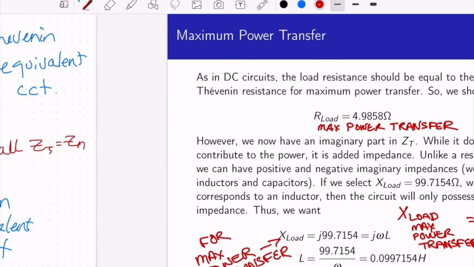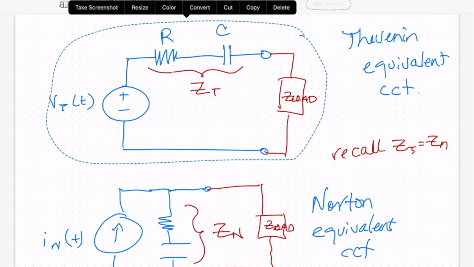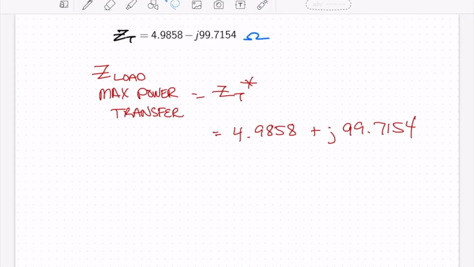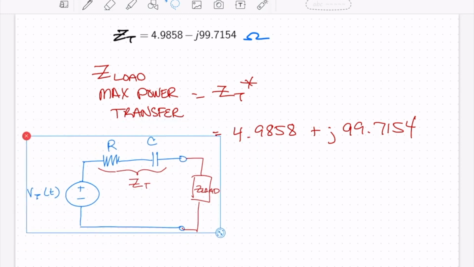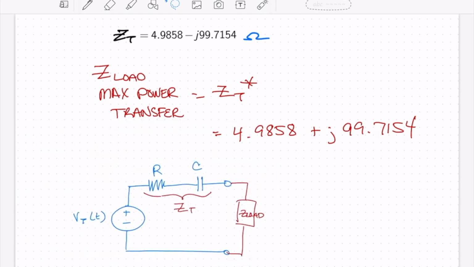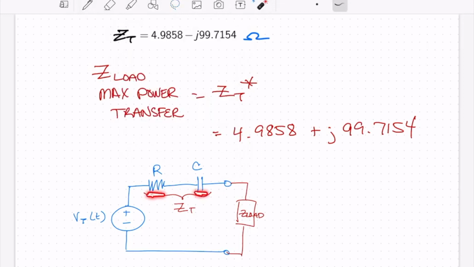Okay. Now, if we go ahead and go back to our circuit, let's look at the Z Thevenin. It works just the same for the Norton case. Okay, what we're going to end up with is the values we found previously for the resistor and the capacitor. Okay, I didn't write them down, but whatever they were.